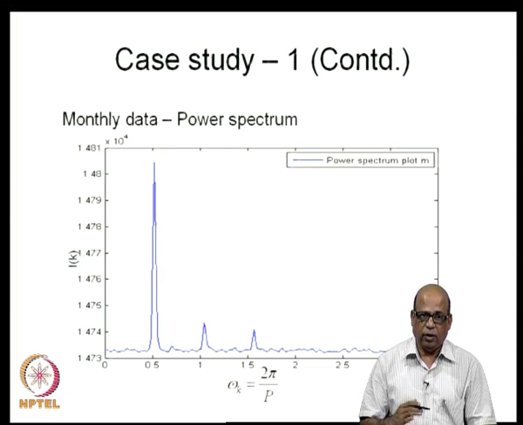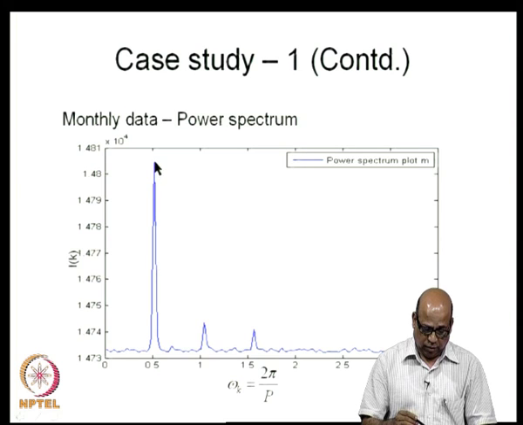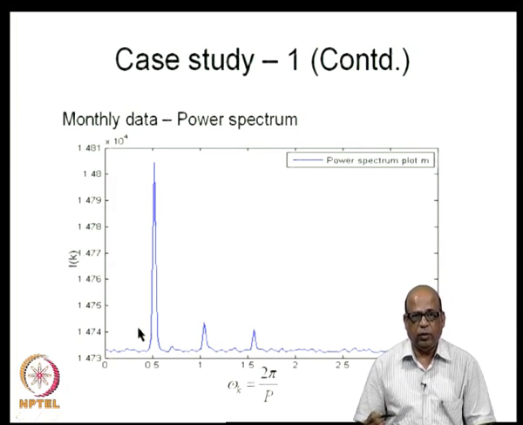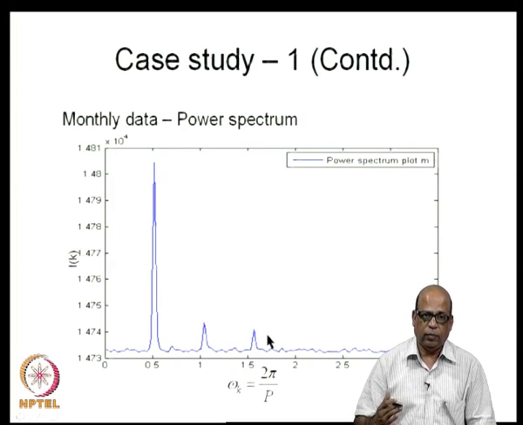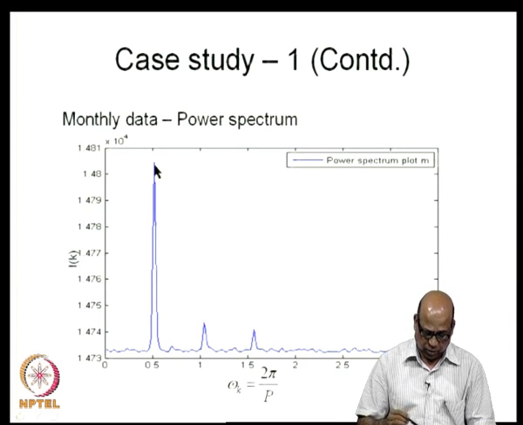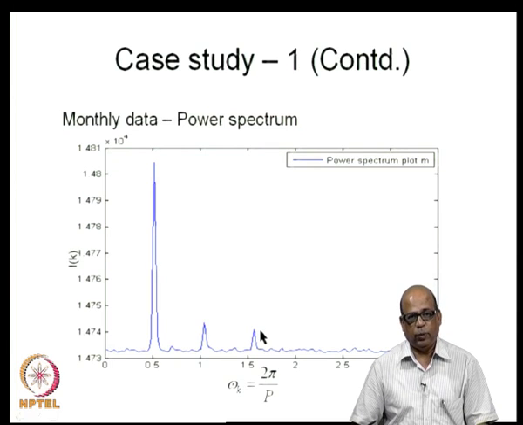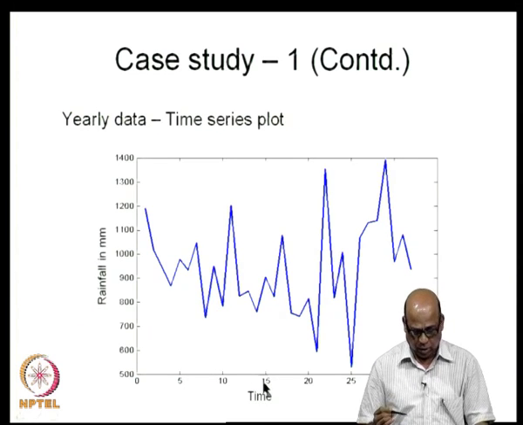As I mentioned earlier, while spectral analysis brings out the fact that there are certain periodicities present in the data, whether these periodicities are in fact significant or not, we need to test separately. So this only indicates that there is a 12-month, 6-month and 4-month periodicity here. How do we obtain that? Simply by p equal to 2 pi by Wk, where you pick up the Wk associated with a particular spike and then get the periodicity.